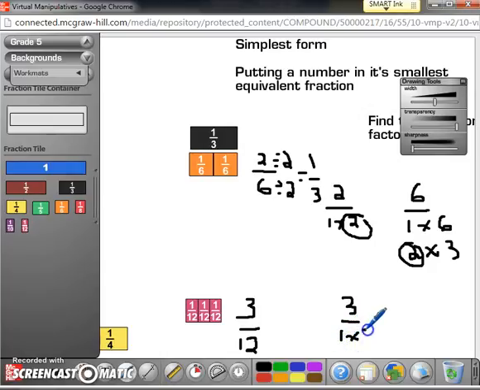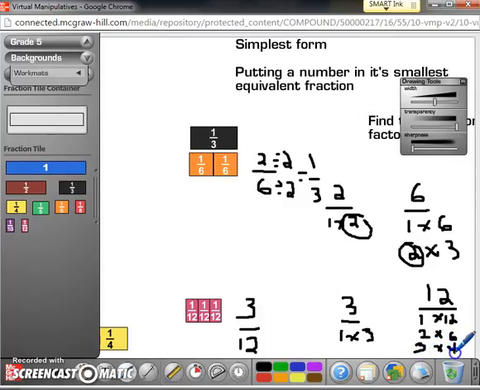Well, I find the factors. 1 and 3, 12. 1 times 12, 2 times 6, and I'm going to write 3 times 4.